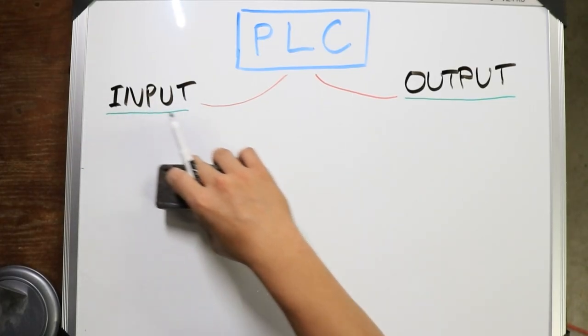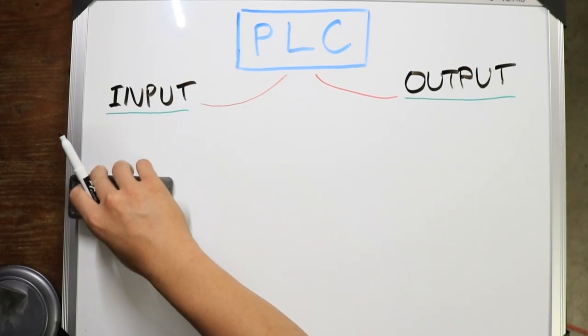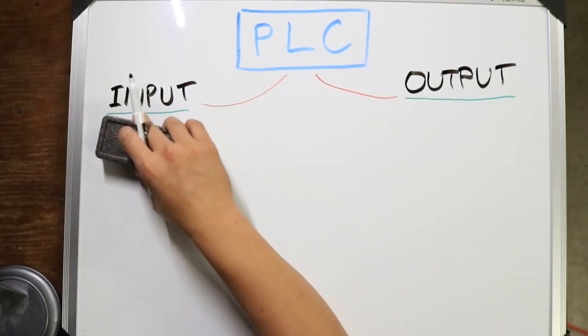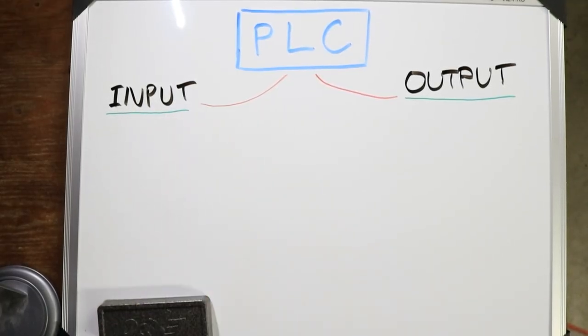And there are many different inputs, different examples. But the main point I want to make is the input is going to send a signal to the PLC, or the PLC is going to receive a signal from the input, either way.